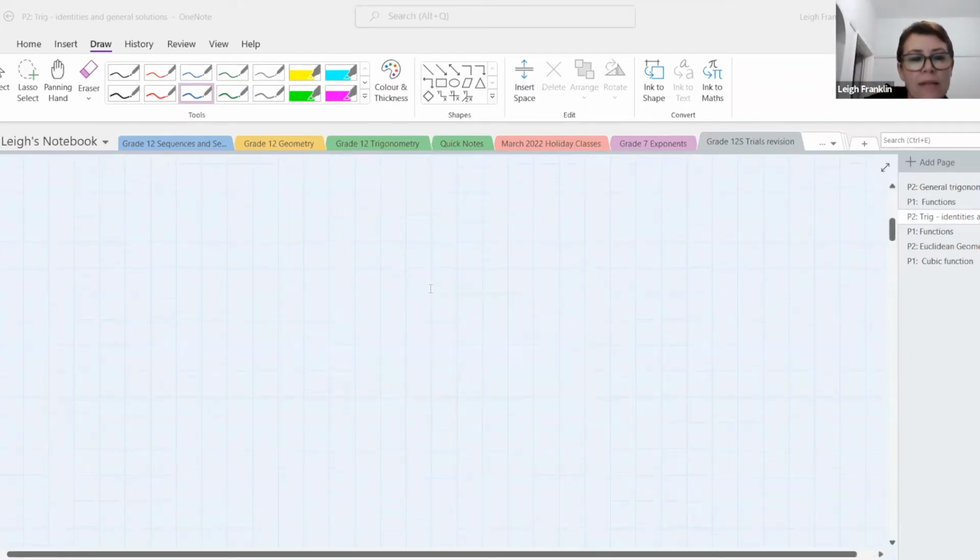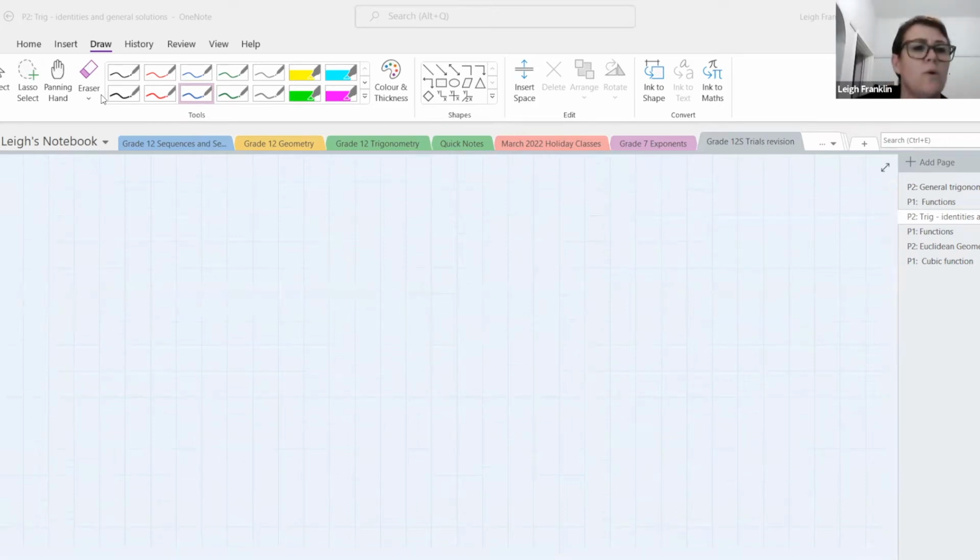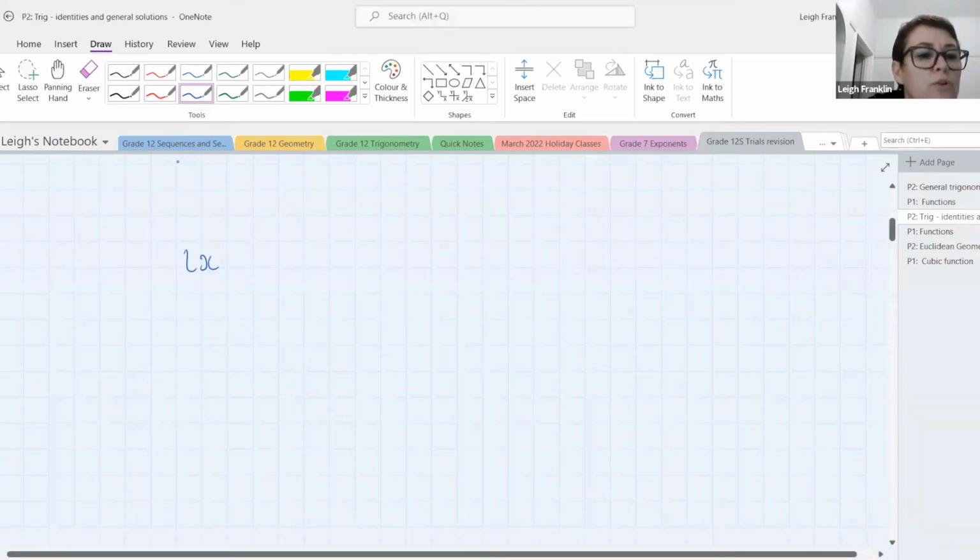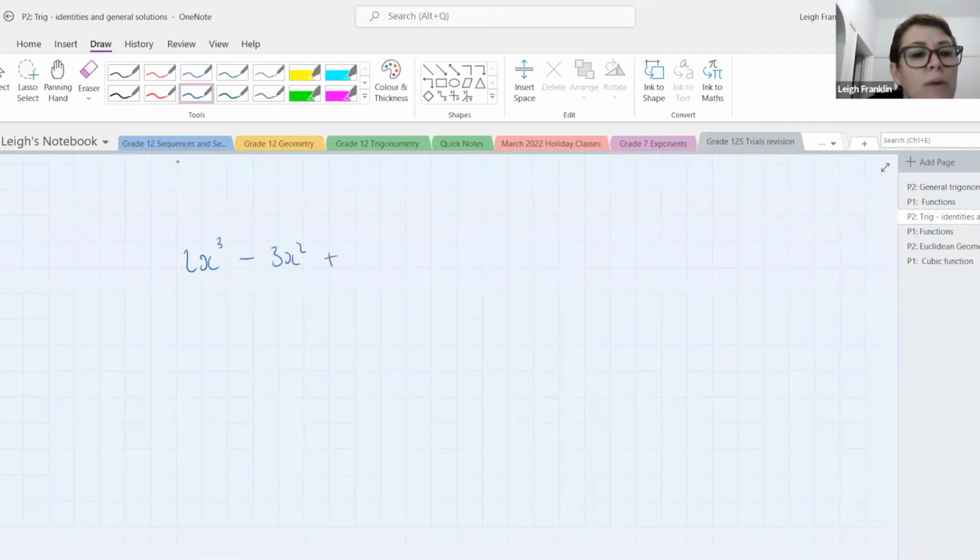What I was saying to my grade 11s the other day, we were talking about a question like this. If we gave you an equation to solve, and let's say the equation was 2x cubed minus 3x squared plus x equals 0, would you come along and say, I'm going to divide by x? Absolutely not.